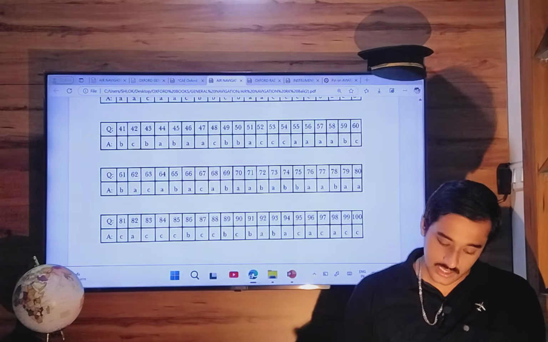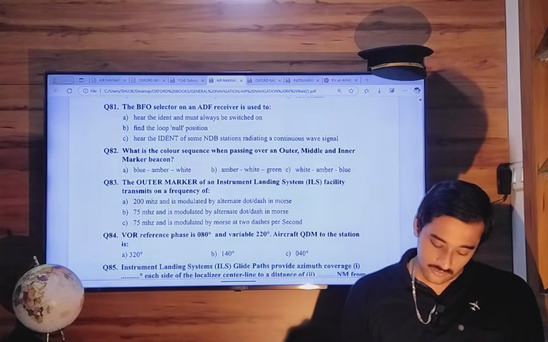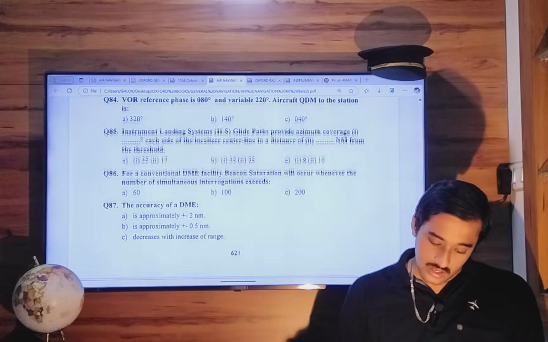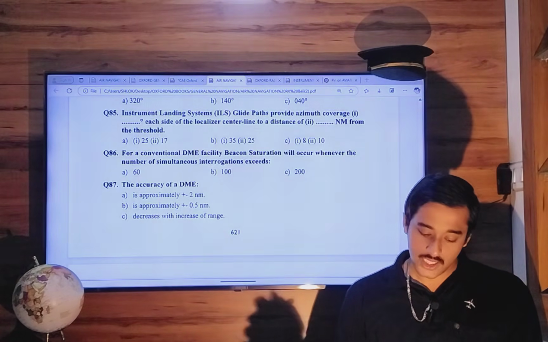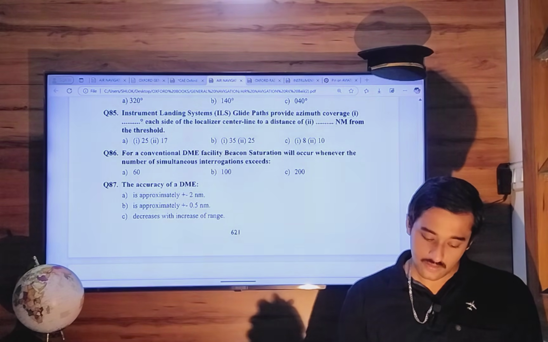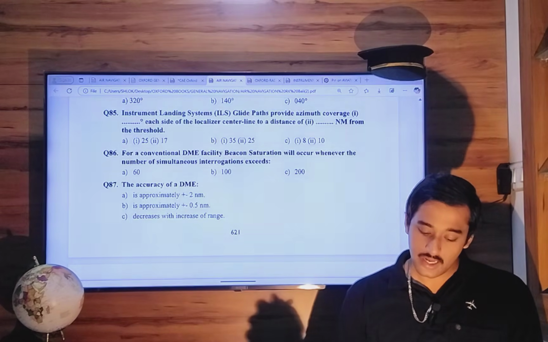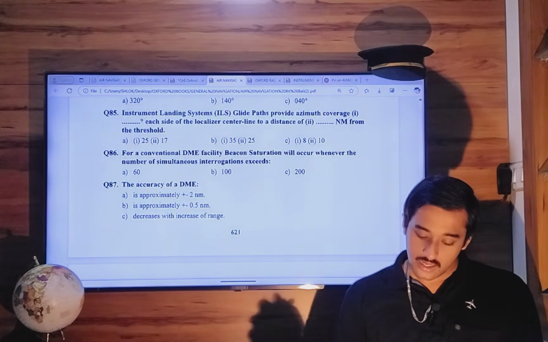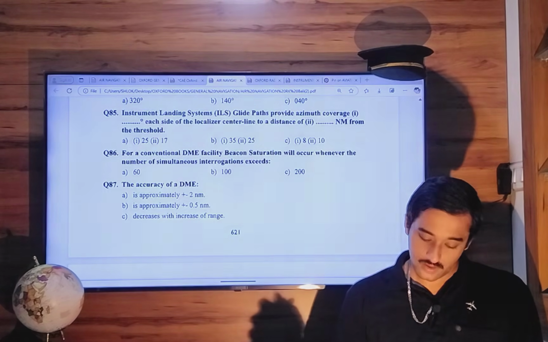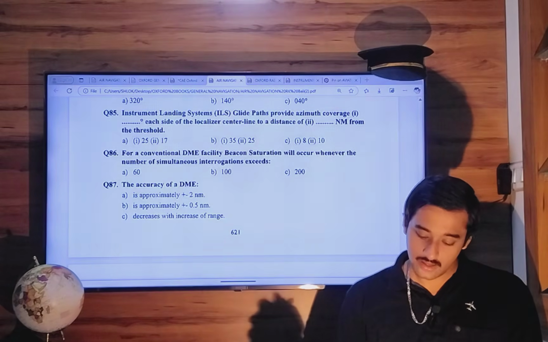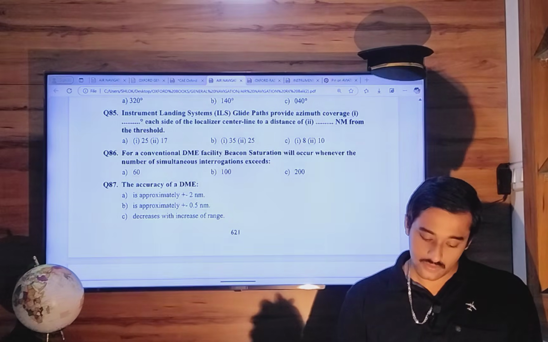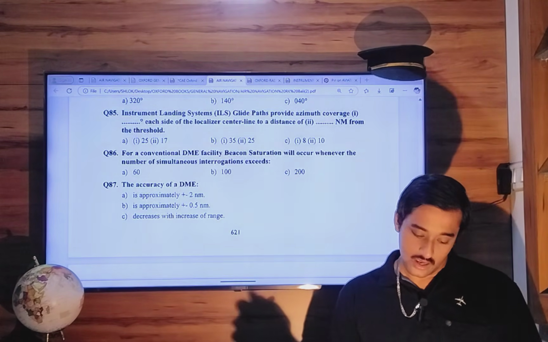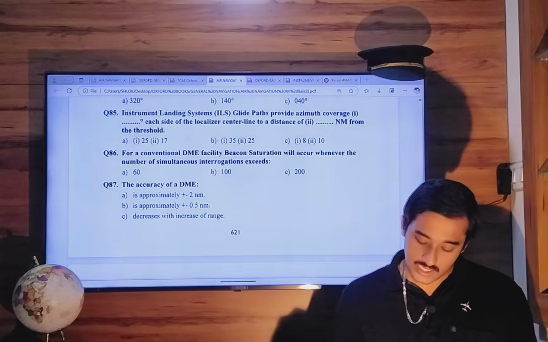Let's check the options here. Question 84. ILS glide paths provide azimuth coverage 17 degrees each side of the localizer center line to a distance of, so that's each side of the localizer center line.